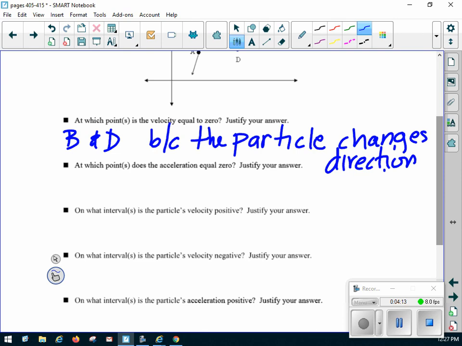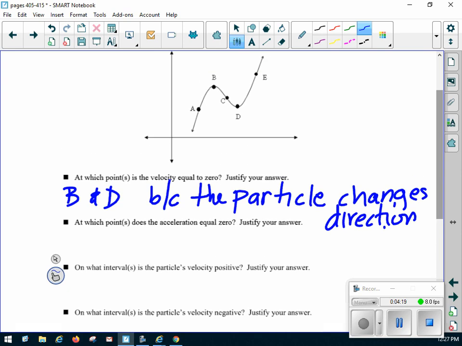At which points does the acceleration equal 0? C, because that's where you have a point of inflection. Yep.